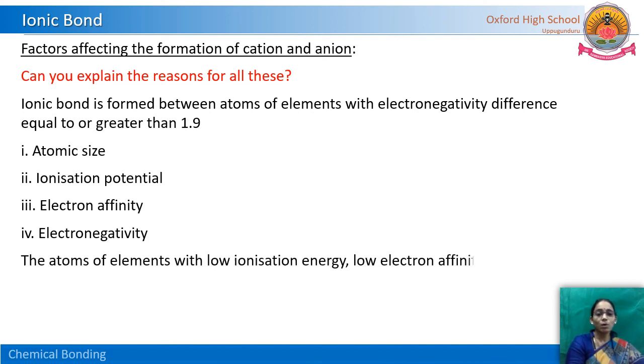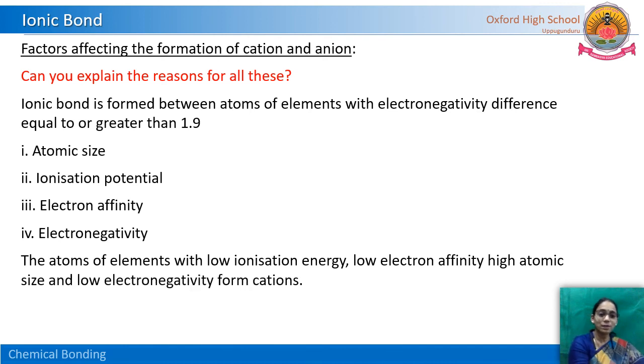Do you remember all these factors, atomic size, ionization potential, and how these influence the cation and anion formation? Atomic size: just now we have seen in the NaCl structure how the chloride ion is bigger in size. What is the reason? The negative charge. It is bigger in size because it attracts electrons, and the sodium ion is smaller in size.